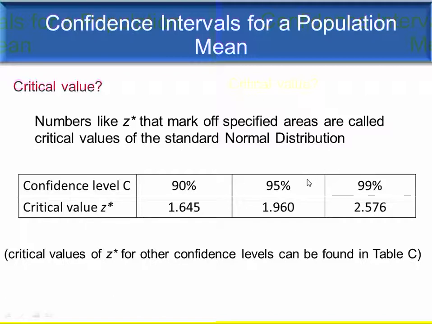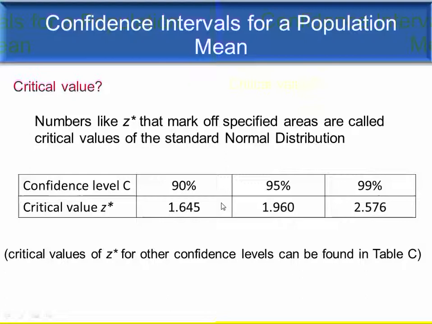Now as we take a look at this, we'll notice we've been using a critical value of 2 for 95% because of our 68, 95, 99.7 rule. But remember, we talked about in the past that 1, 2, and 3 standard deviations was just an approximate number. So in the critical value table, you'll actually see instead of 2 for 95%, the more precise number 1.96.